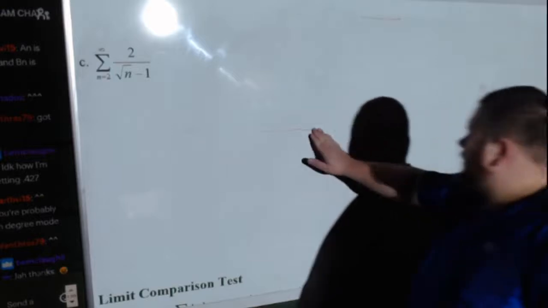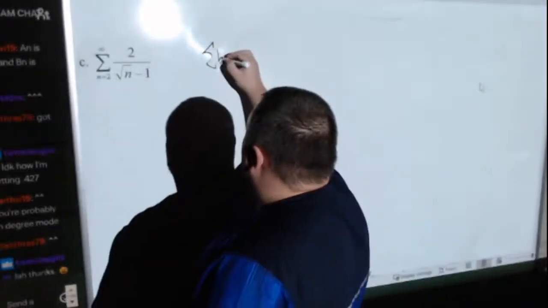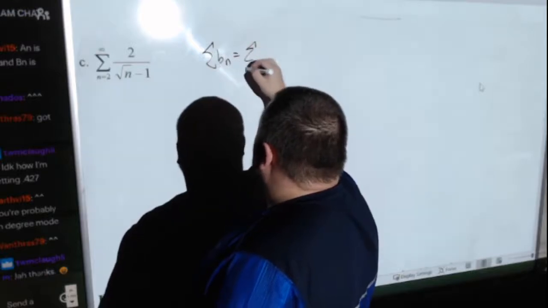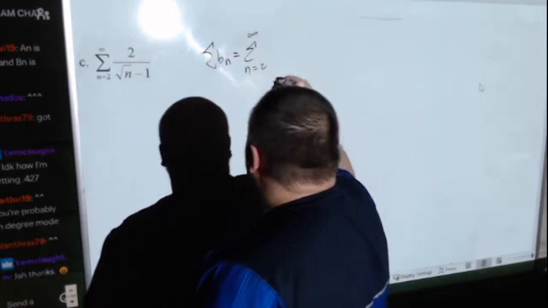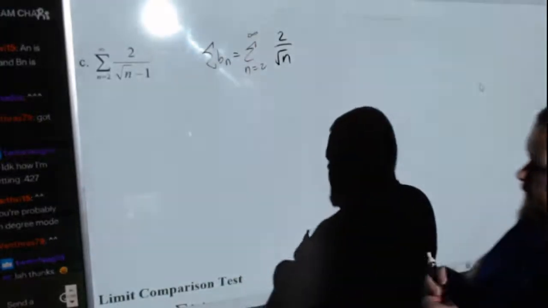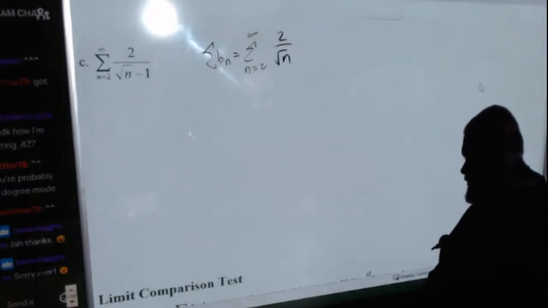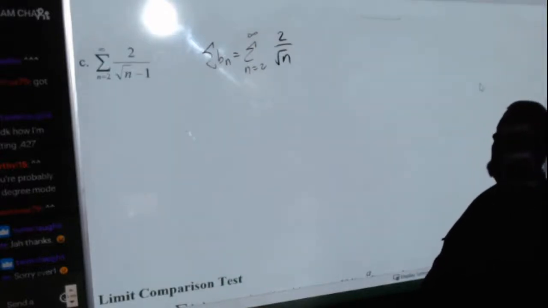All right. Again, we have to make up b sub n. That would be 2 over root n here. We've got to prove that this thing converges or diverges.